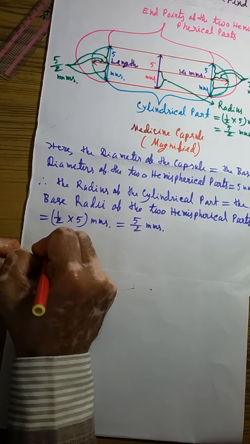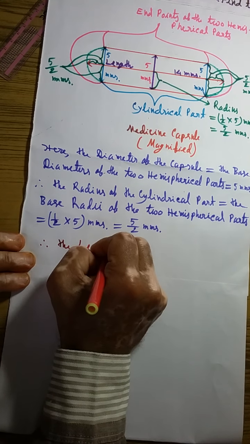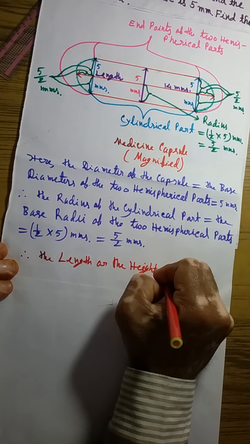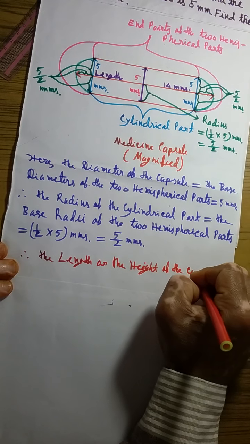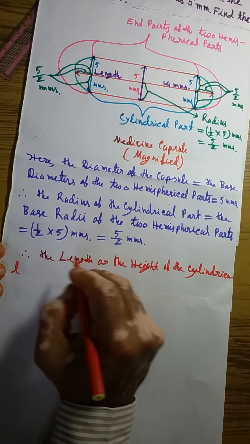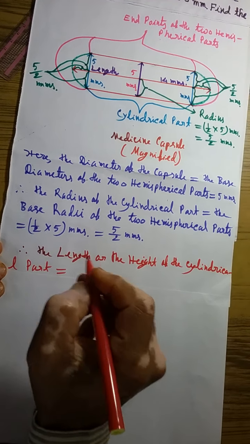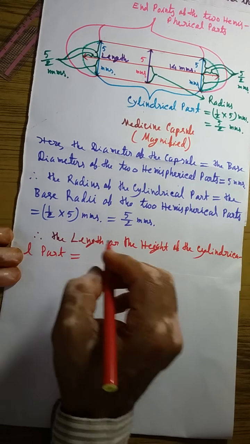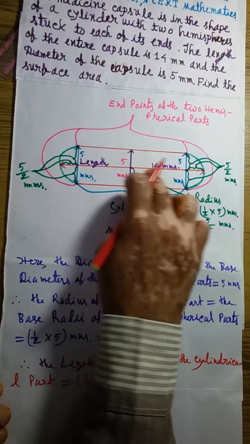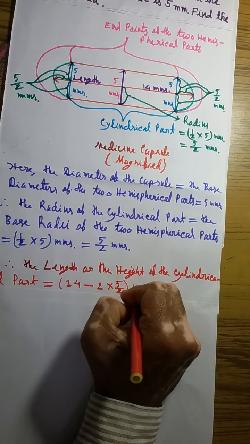Therefore, the length or height of the cylindrical part is equal to 14, which is the total length of the medicine capsule, 14 millimeters, minus 2 into 5 by 2 millimeters.